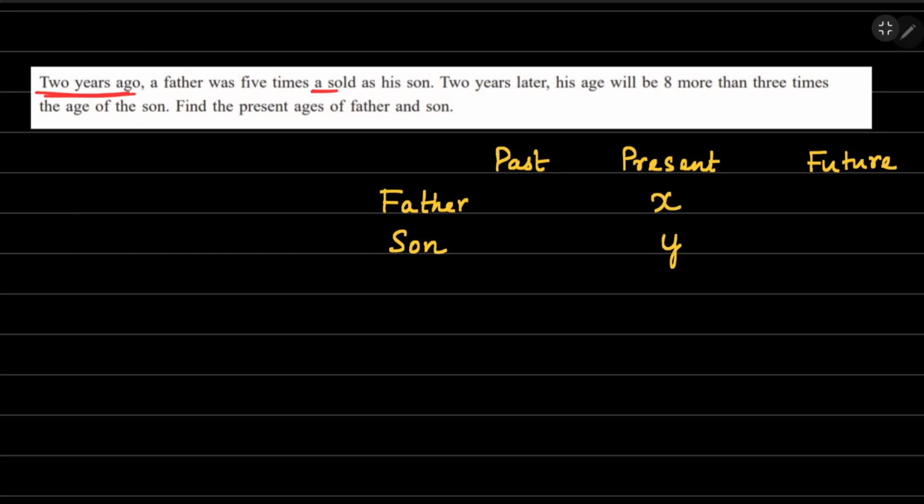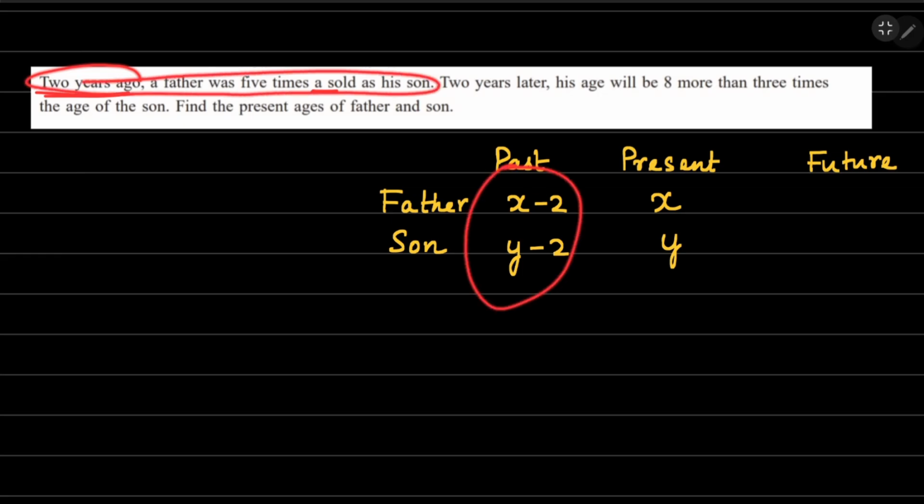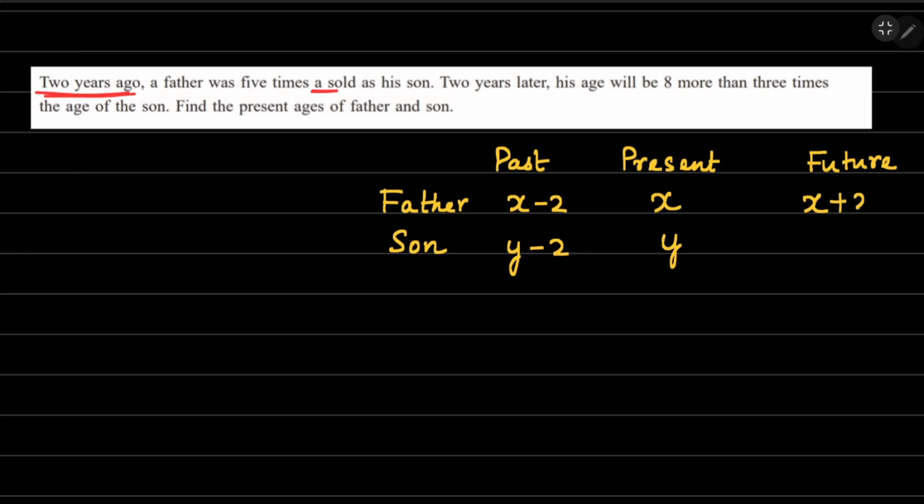Let the son's present age be y. So 2 years ago, the father's age will be x minus 2, and the son's age y minus 2. So the first sentence is talking about the past ages. And the second sentence, 2 years later, that means after 2 years, the father's age will be x plus 2, and the son's age y plus 2.